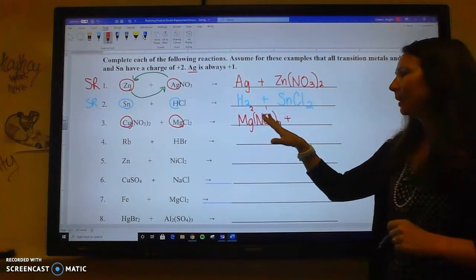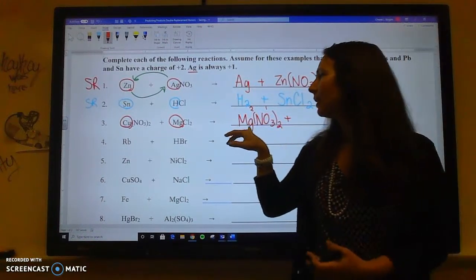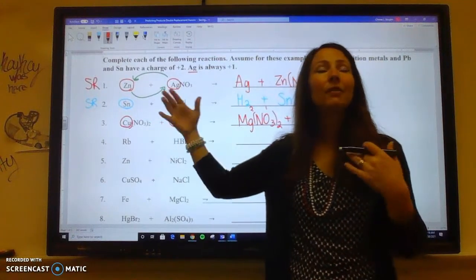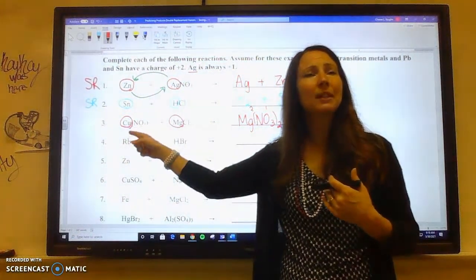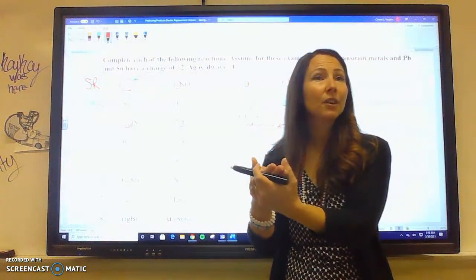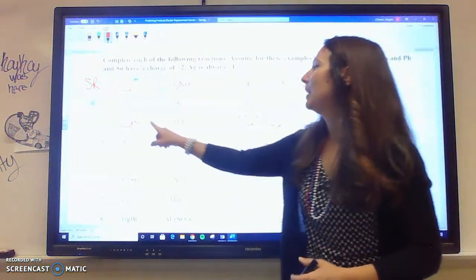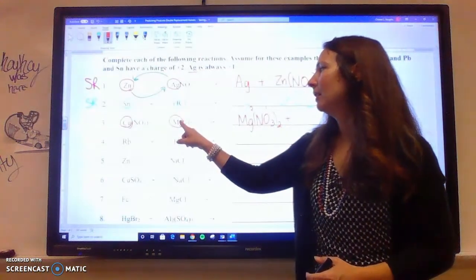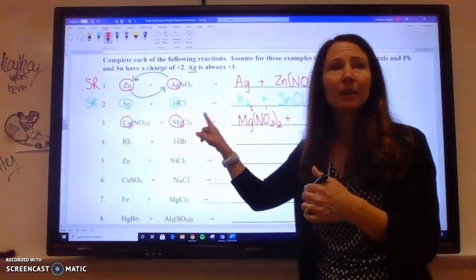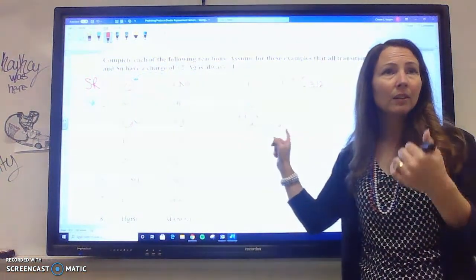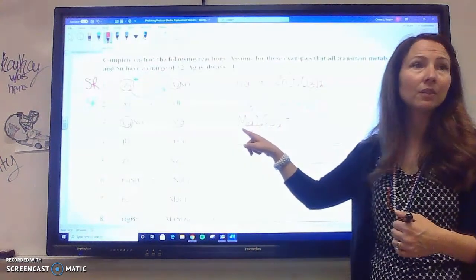By the way, let me pause real quick here and let you know if magnesium is replacing copper, we always write the metal first. So this isn't going to be NO3 with Mg. It's going to be NO3 written second and Mg comes first.